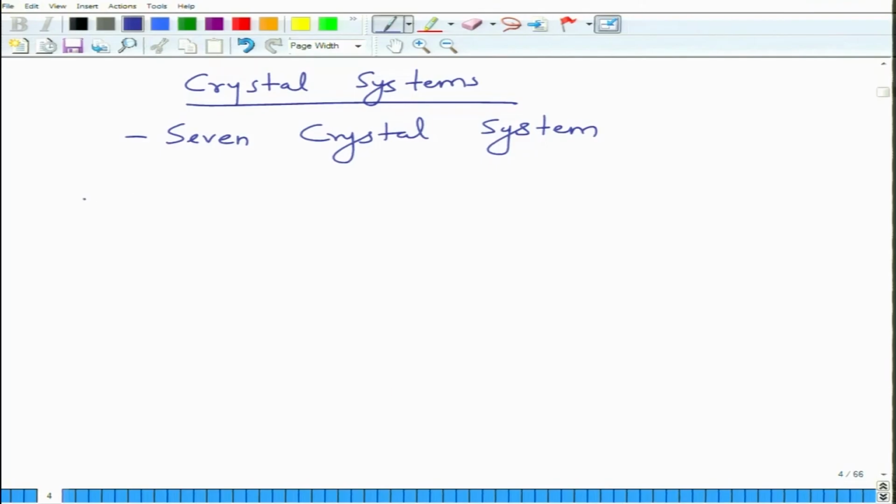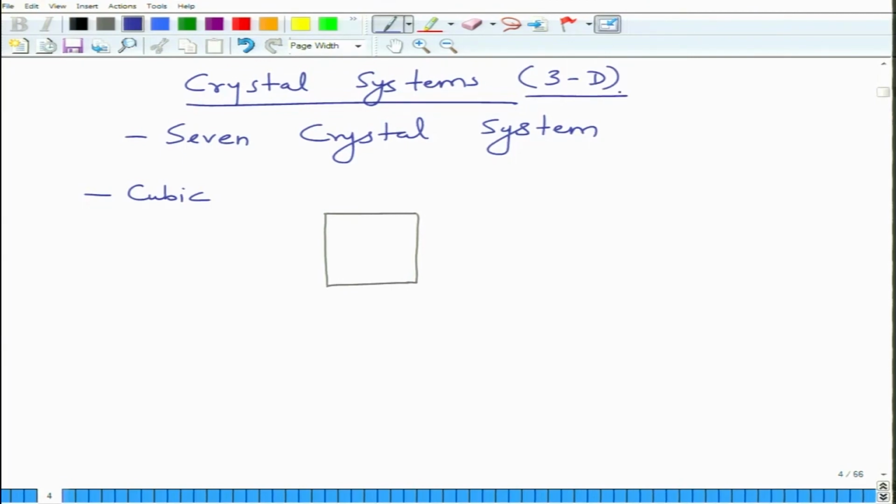Starting from the first one, we call it the cubic crystal system. You can see that it is nothing but a cube. So, now we are talking basically in 3D. We can say these are the crystal systems in 3D.